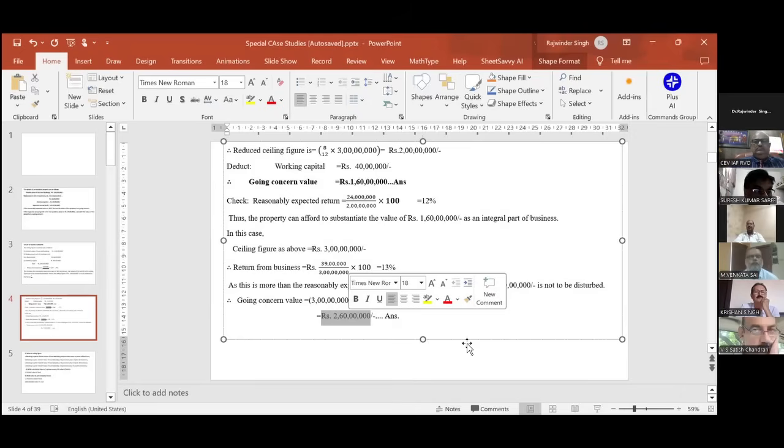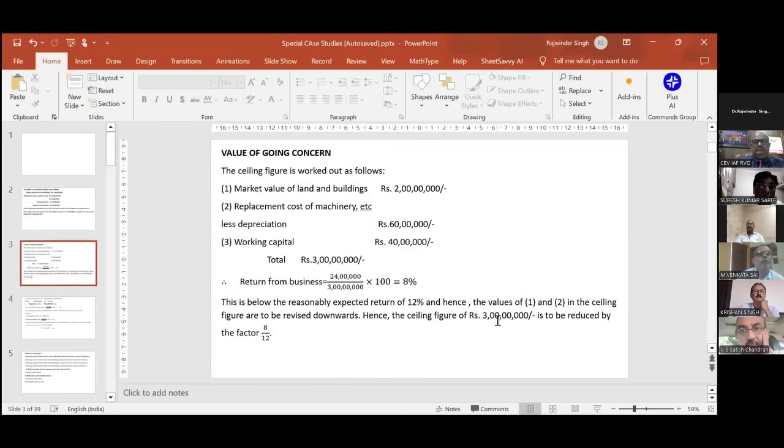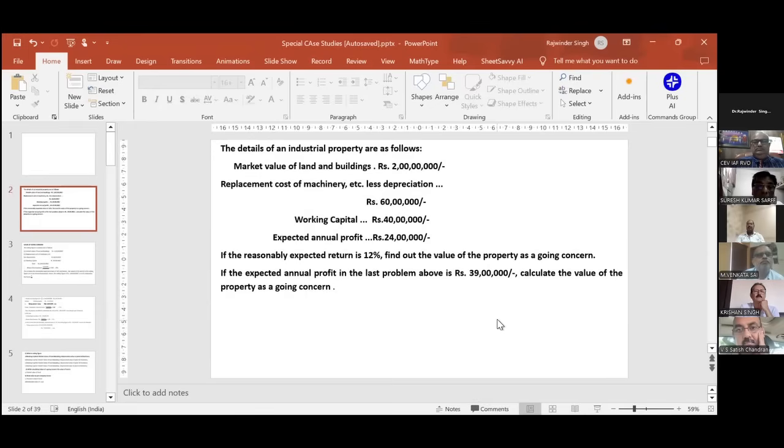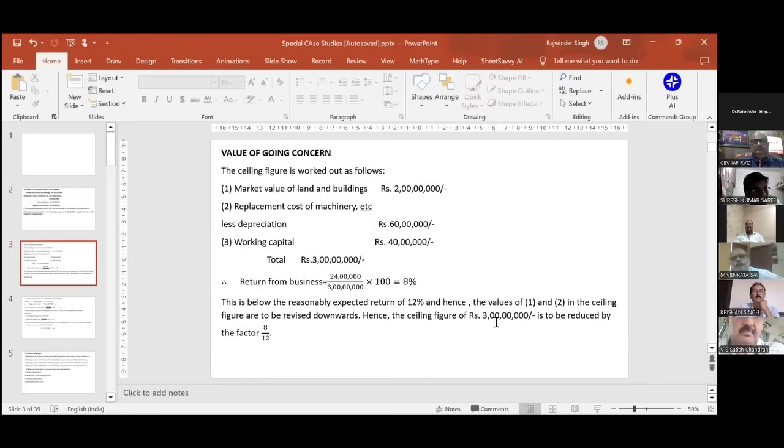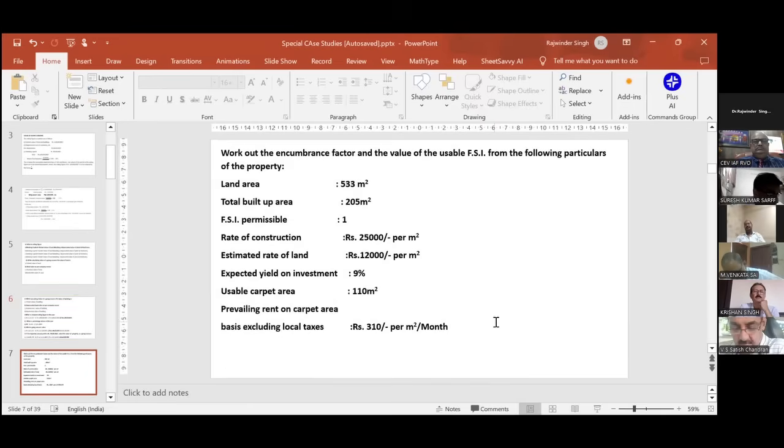This is basically a method based upon certain accounting procedures, based upon expected profit and expected return. So you can calculate these values.